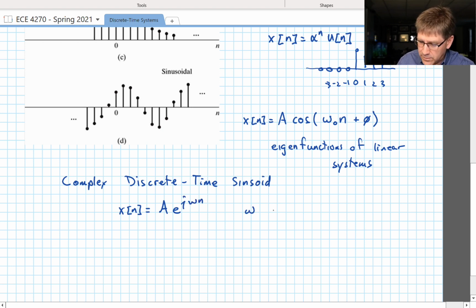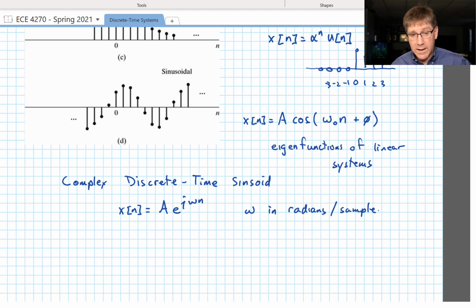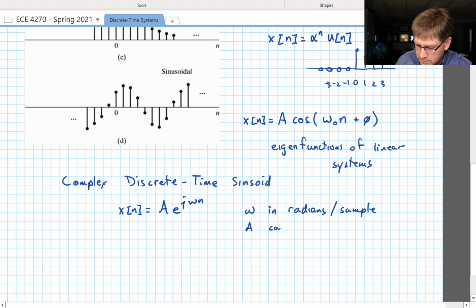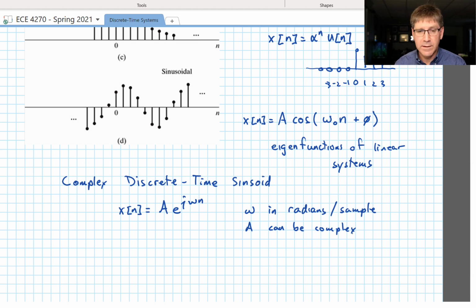Here, as in the sinusoid above, omega is in radians per sample. And it could be that A is complex. Often if you're going to have a complex value there, for reasons somewhat hidden in history, a different symbol would be used, such as a capital X. Why is that? I'm not sure.